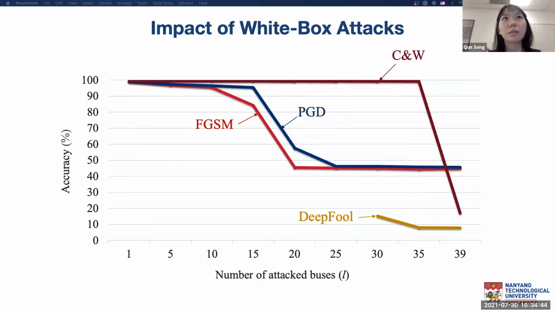I think from this study we don't need to worry too much about the adversarial example attack, because you can see from my credibility analysis that the attack overhead is very high, and it's actually not very easy to have control over more than half of the bus voltage trajectories in a smart grid.